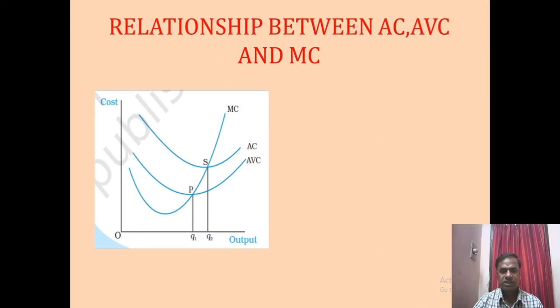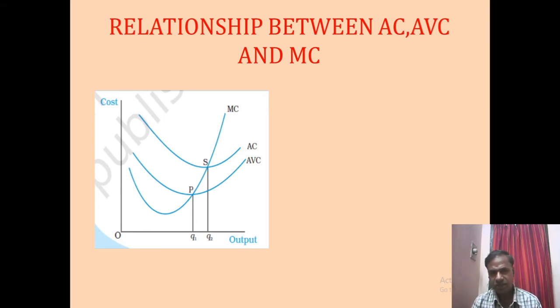When MC cuts AVC, AVC will be at its minimum point P. When MC cuts AC, AC will be at its minimum point S. Or when MC cuts AVC and AC, AC and AVC will be at its minimum point.